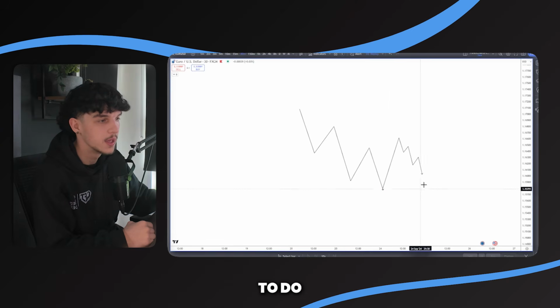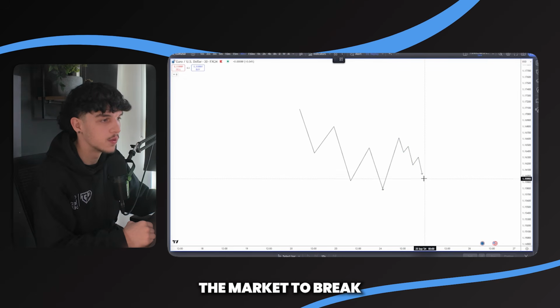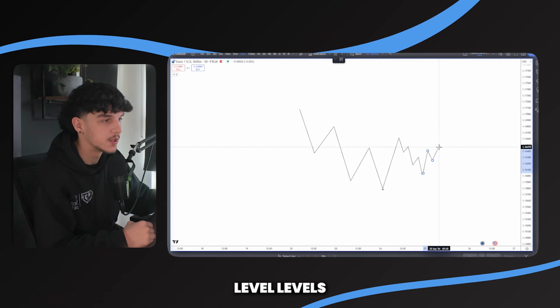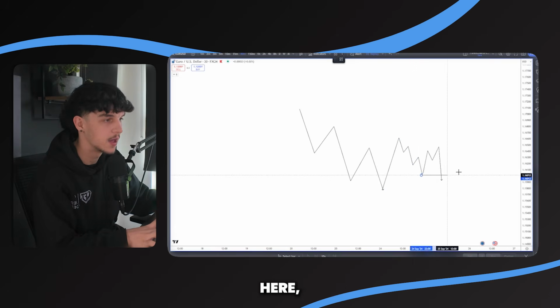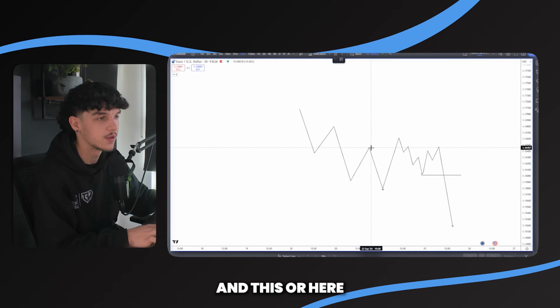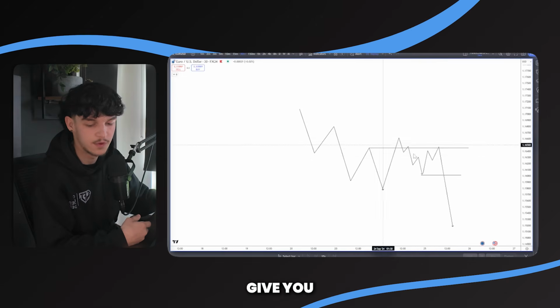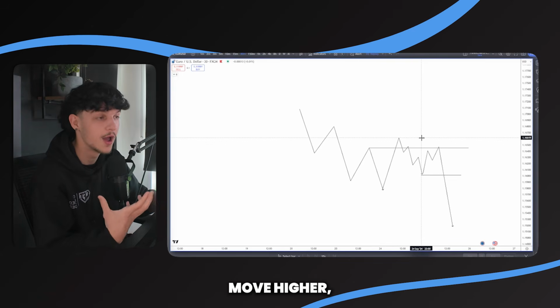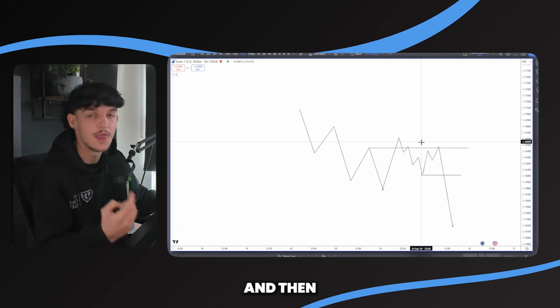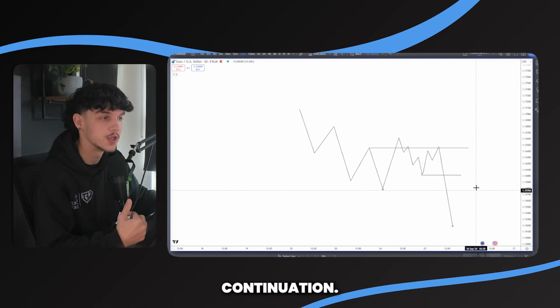And what we want to do is look for the market to break above these levels like so, tease it, and then once we break down against this pivot point here, we'll play the sell stop and play the continuation on down. And this all here is just a reaccumulation of sells, so it's just playing the continuation of the trend. Look for the market to give you an indication that it potentially wants to move higher, look for it to fake, and then look for sells for the continuation.